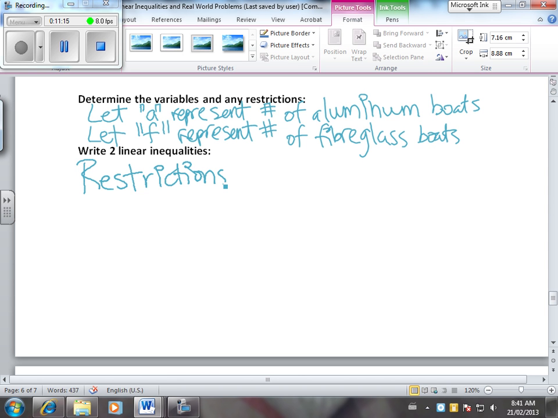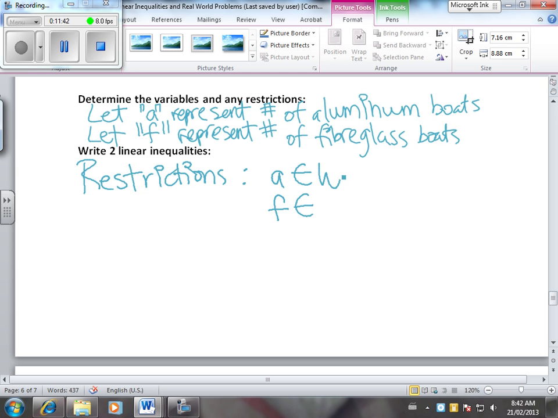So when we work with our restrictions for A, we'll have A such that and F such that. These are boats, so we can't go negative boats and we can't go decimal boats. We could go 0 boats, right? They could make 0 aluminum boats a day, that's fine because we just know it's a maximum of 20.